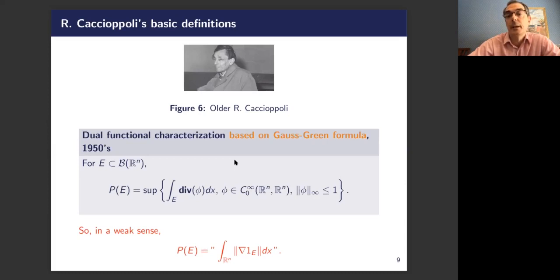That is, this is where the gradient is not zero. This intuition of the perimeter of a set as the integral over R^n of the norm of the gradient of the indicator function is going to motivate most of the development in the theory of sets of finite perimeter that I'm going to present in the next few slides.